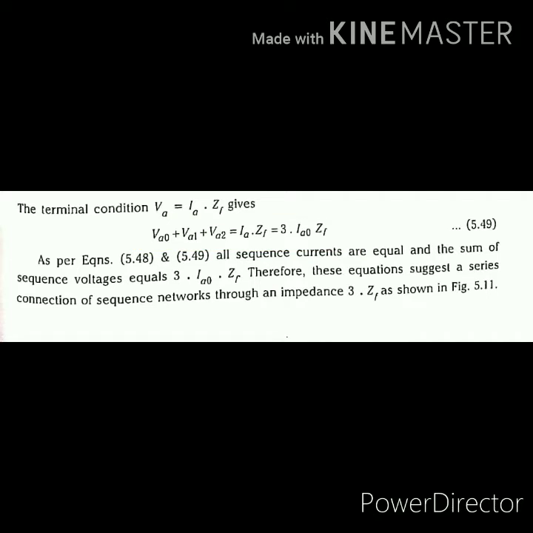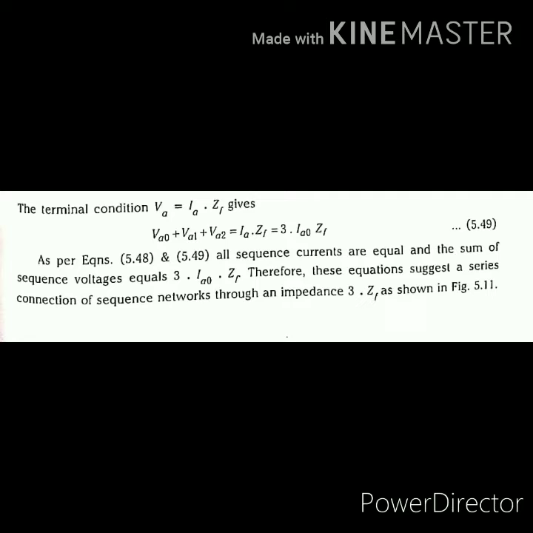VA is IA into ZF. So we will substitute that IA into ZF. Now again IA we know is equal to what? 3 times IA1 or 3 times IA2 or 3 times IA0. So we get equation 5.49.